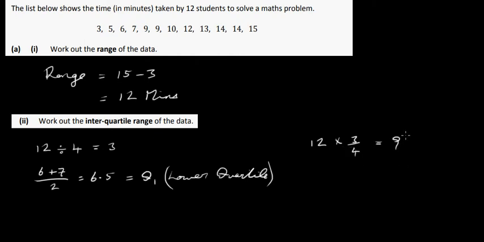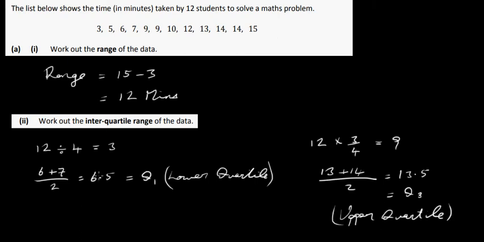So again, because 9 is a whole number, we don't pick the 9th number, we pick the 9th and the 10th number. So the 9th number is 13, the 10th number is 14. We add those, divide by 2, and that gives us 13.5. And that's our Q3, or our upper quartile.